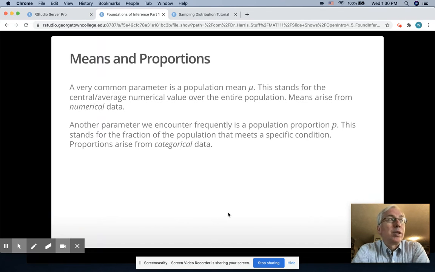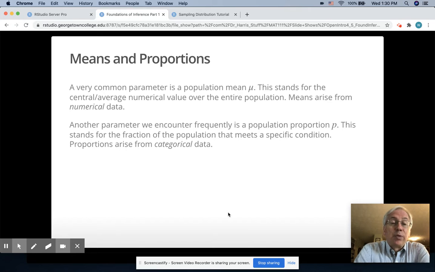Let's talk about the two primary types of parameters that we're going to be interested in this class. They're going to be the population mean and the population proportion. We're familiar with means. We know that we are adding a bunch of numbers together and dividing by the number of numbers that we have. So a mean is going to come about from numerical data.